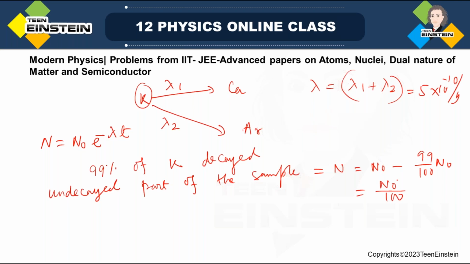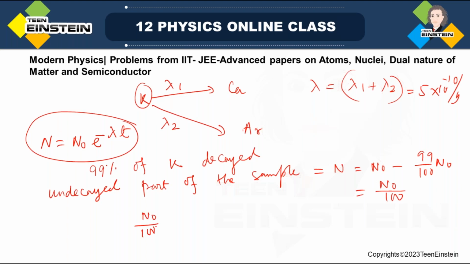Now what we need to do is, from this particular equation, N by N0 is how much? This N is the undecayed part, right?